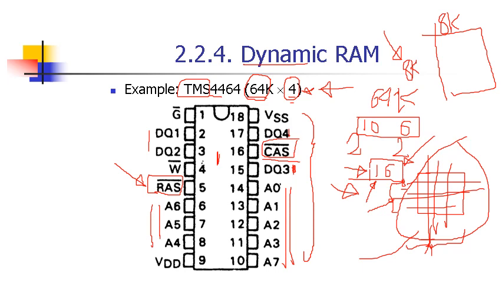Here 8 columns by 8 rows. M columns by N rows. Here we selected 8 rows and 8 columns, and we provide the row address strobe by making this pin low, and we switch to columns by making this column address strobe low.